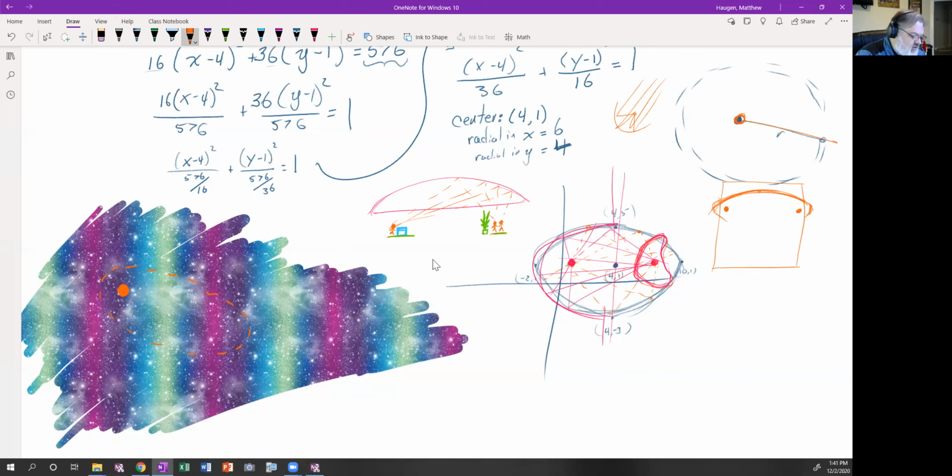And that source of gravitation, that large object that you're being pulled to, is always on one of the foci of the ellipse for that orbit. The other focus, there's nothing. It is just empty space. But the source of gravity is always one of those foci.